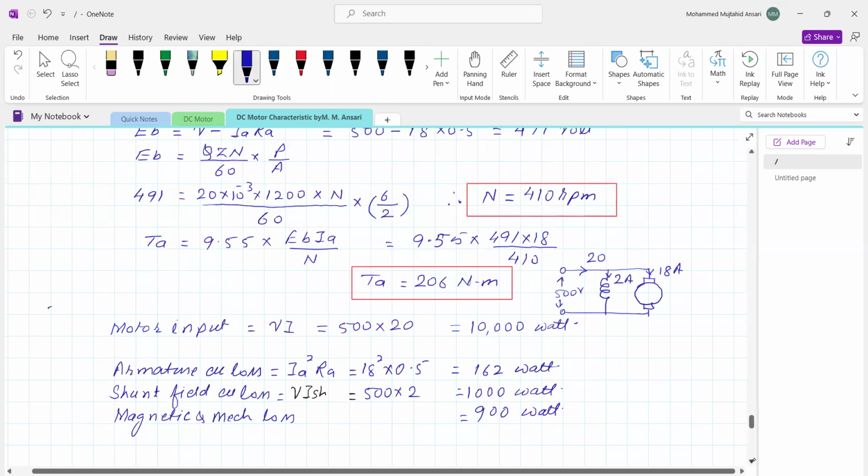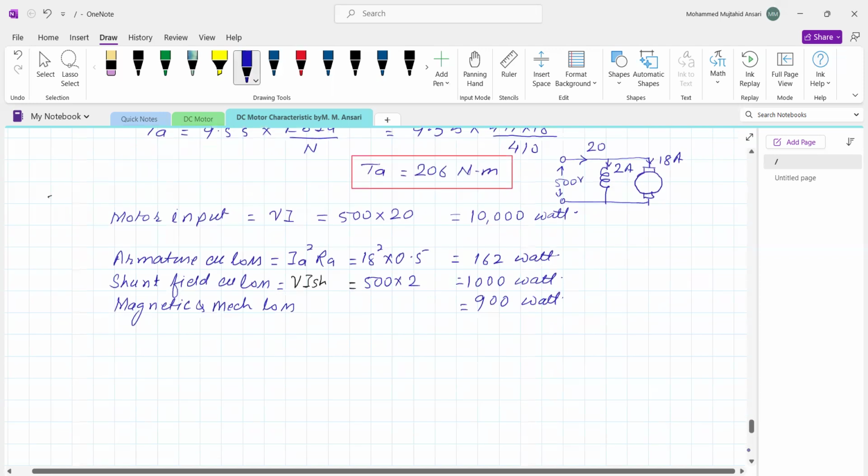So in this way, the total loss is equal to 162 plus 1000 plus 900, equals 2062 watt.